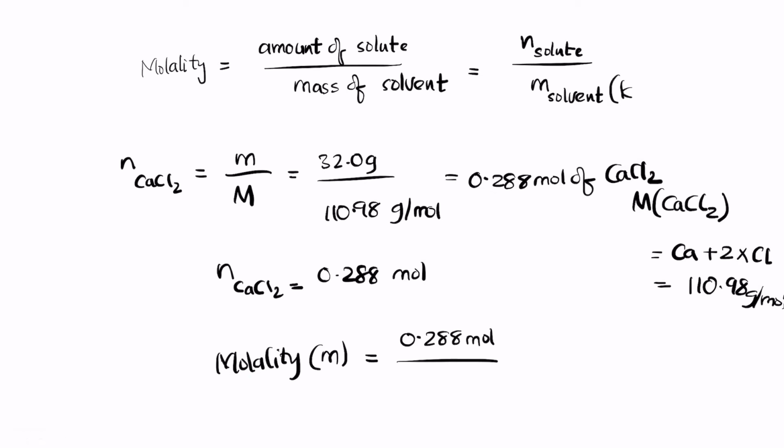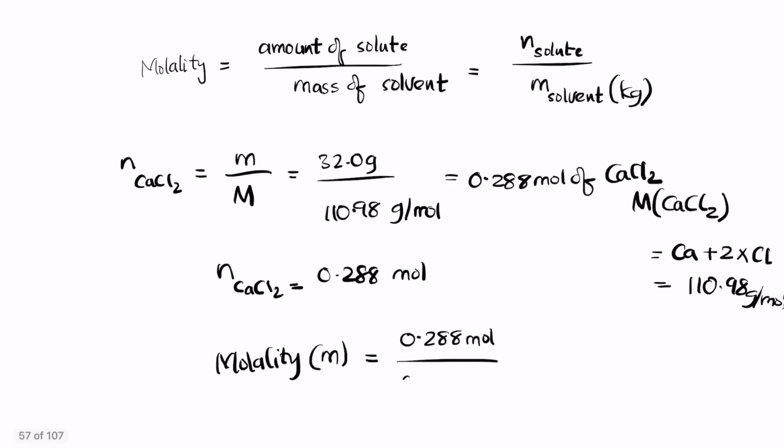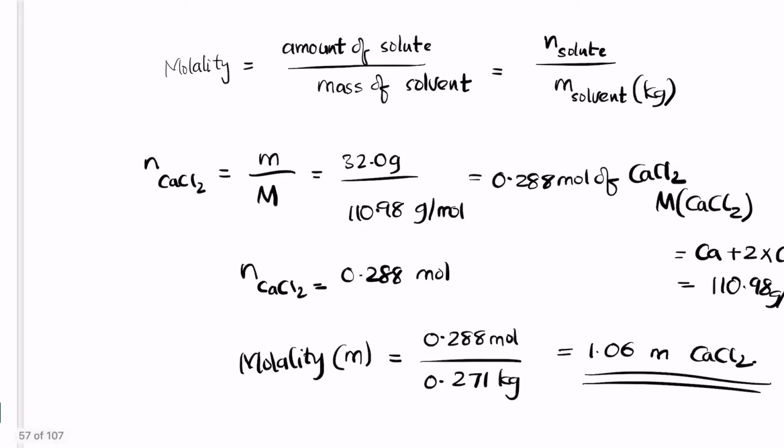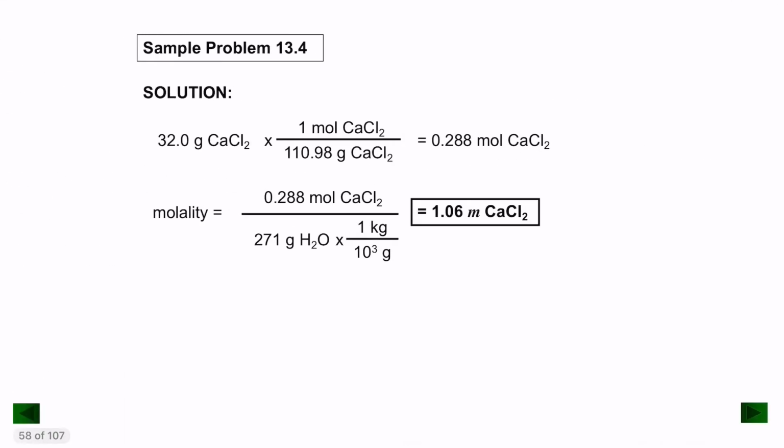Remember that the mass of the solvent should always be in kilograms. So 271 grams in kilograms will be 0.271 kilograms. That gives you a total value of 1.06 m CaCl2. So this is the molality of the solution in this problem, and this is how you can calculate the molality.